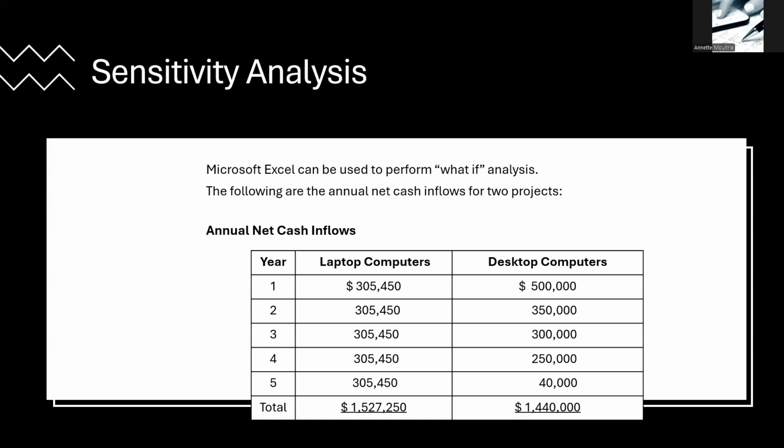So capital budgeting decisions affect cash flows far into the future. Smart Touch managers might want to know whether their decision will be affected by any of their major assumptions. Okay?